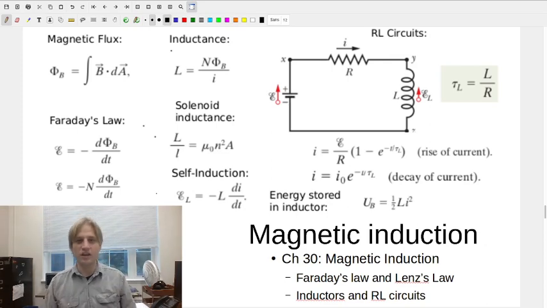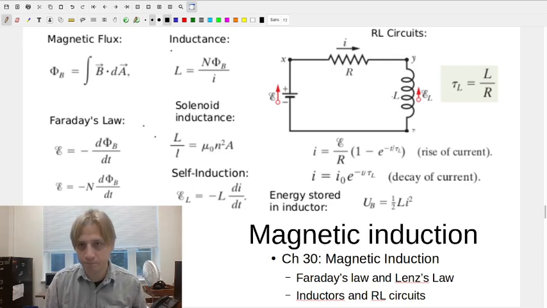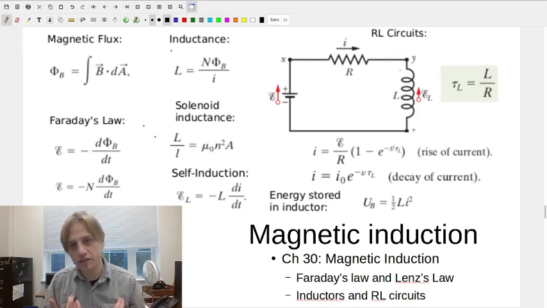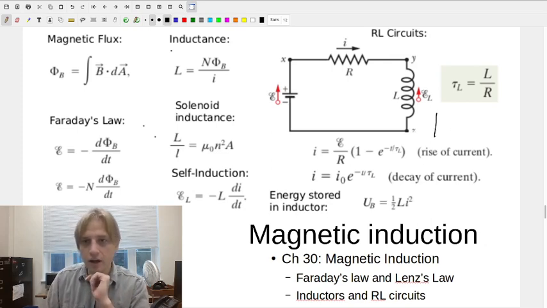And so if you have, for instance, a loop like this, a little inductor in your circuit, when you turn on the circuit, you put a battery in there, it will resist the change in current, and so instead of just having the current turn on immediately, it's going to take some time to get up to that final current, at which time this will have stored some magnetic energy, but it will just act like a wire.